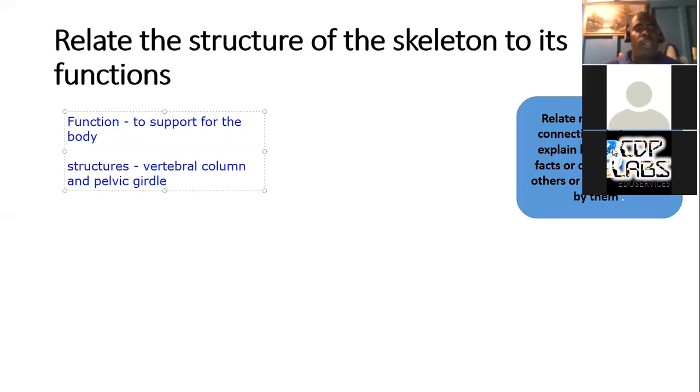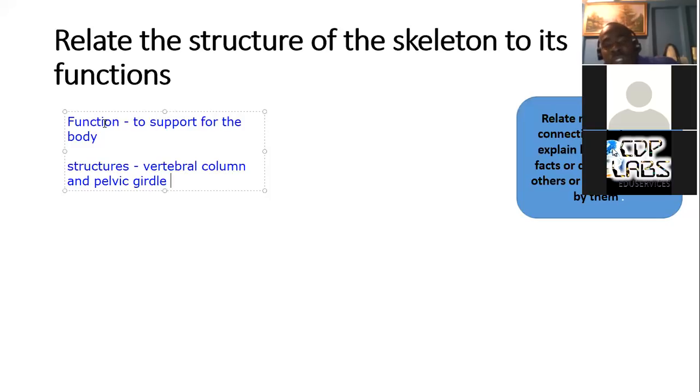All right. Now, question: what about the pelvic girdle that allows it to provide support? Based on the definition there, how one set of facts or data depend on others or are determined by them.